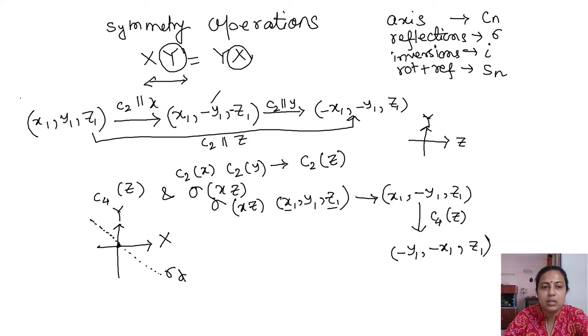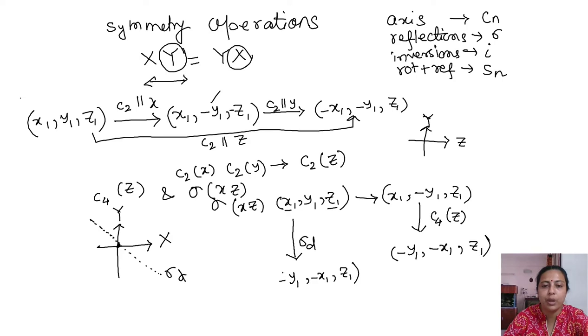So if you do a sigma d plane on this one, then whatever is your x coordinate is going to become your minus y, and whatever is your y coordinate is going to become minus x.